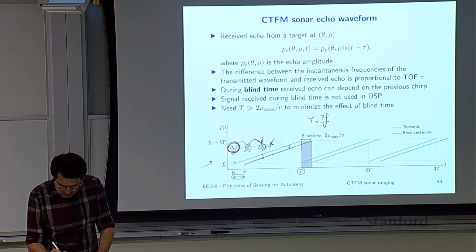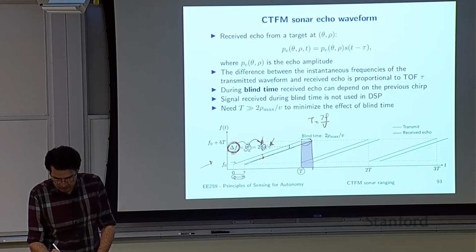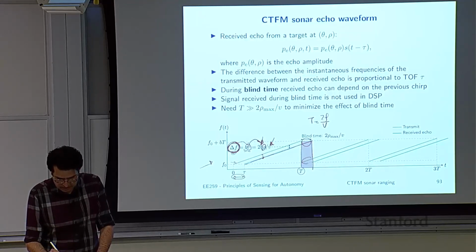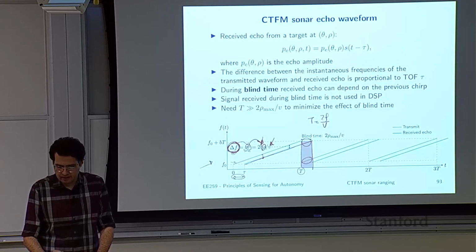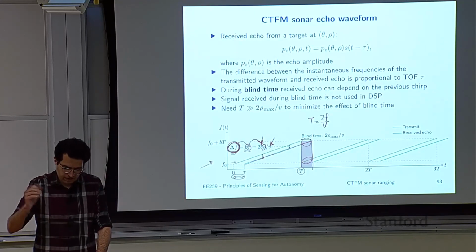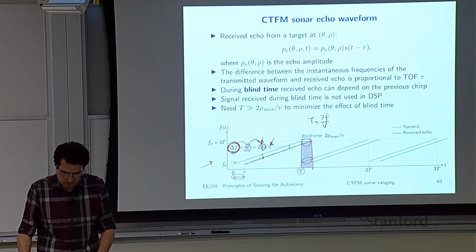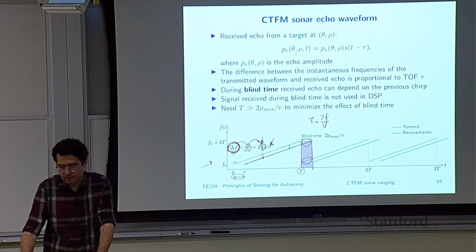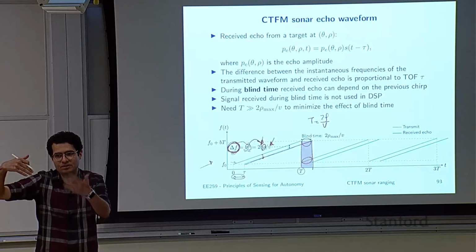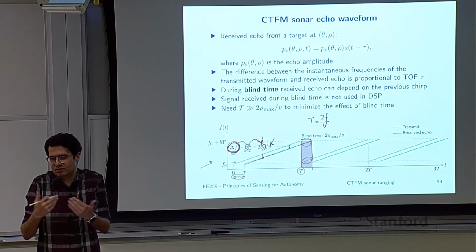So there is always this blind time, and that's a bit of time where your received echo, or the tail of it, overlaps with the next chirp that you're sending. This is a source of confusion, right? It's like in the case of pulse echo, if the echo that you're receiving arrives after you have transmitted your next pulse, then you can't do ranging.